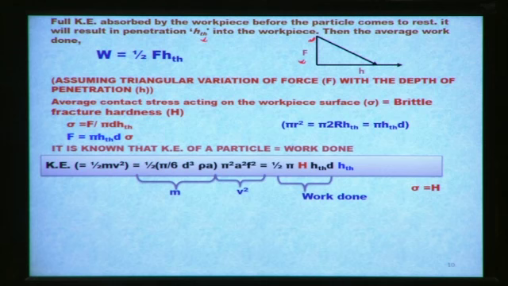So the average contact stress is how much force is coming because of this penetration of this abrasive particle divided by the cross sectional area. The cross sectional area is pi d into h, where h here is the indentation depth.